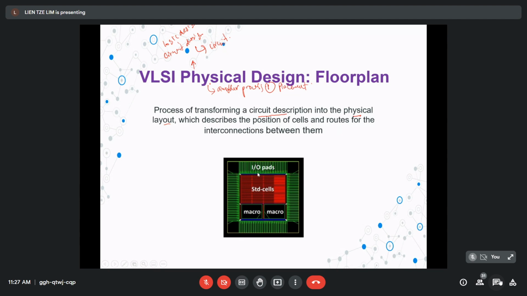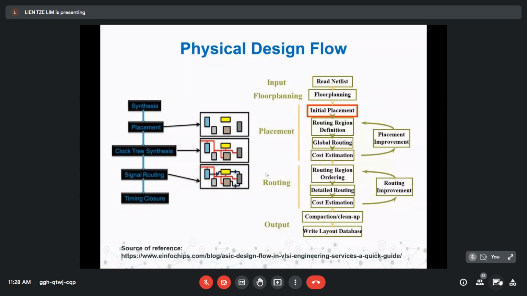Then there are the input output pads. These pads are for the placement of routing, for input output routing and for power. I think I should stop here. Wednesday I will continue.